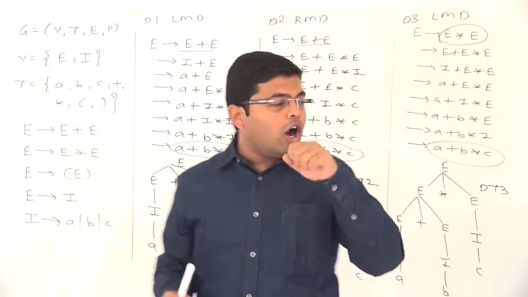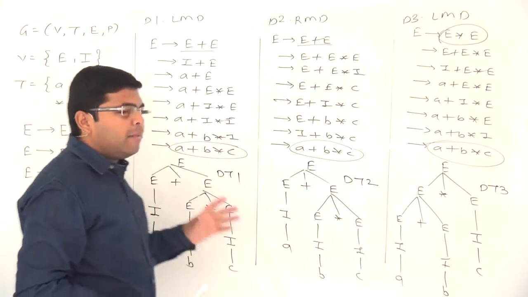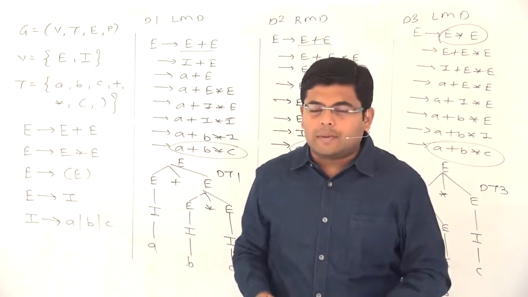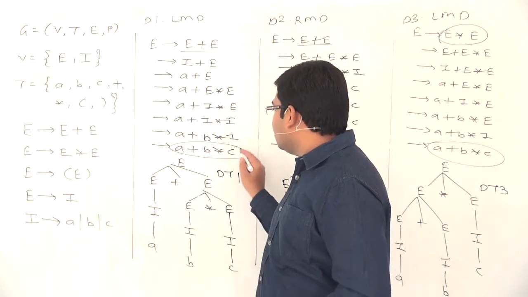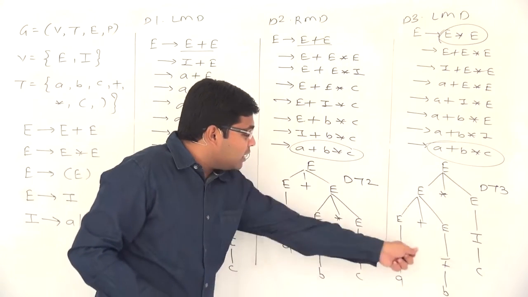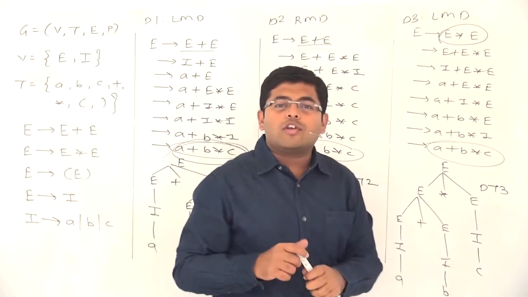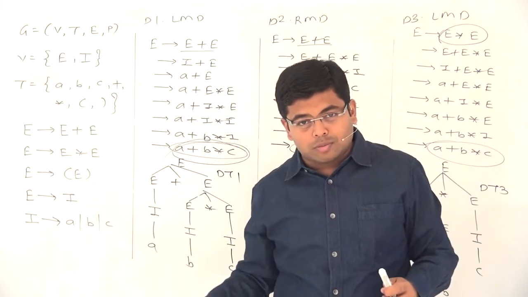And now on the basis of this we can define ambiguous grammar. A grammar is called an ambiguous grammar if there exists a string, like a plus b multiplied by c, for which multiple derivation trees are possible, or a string for which different derivation trees are possible.